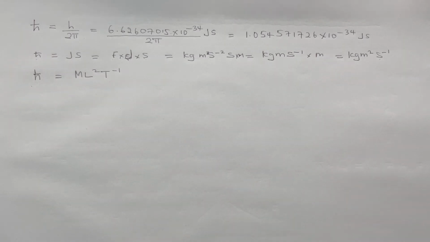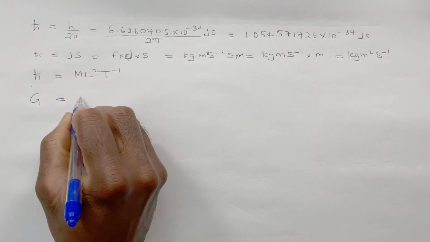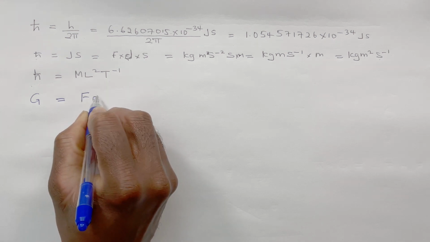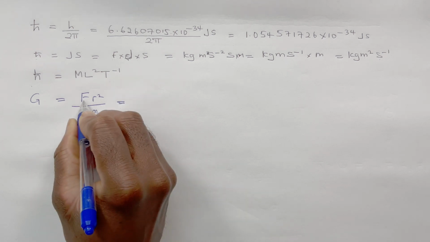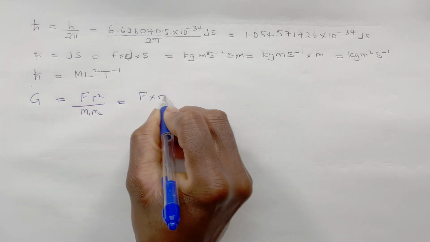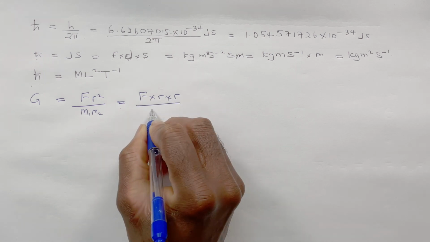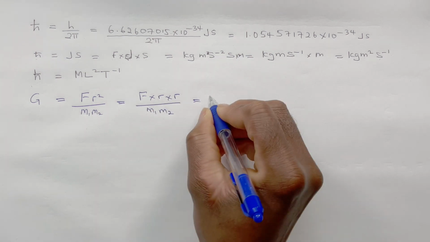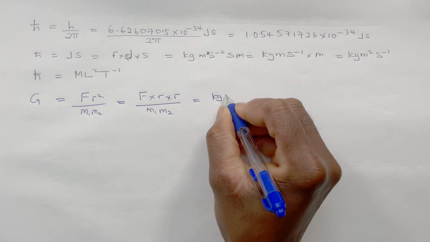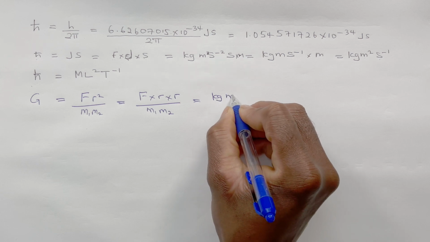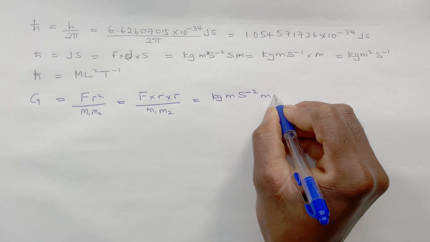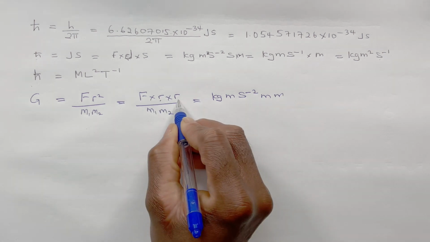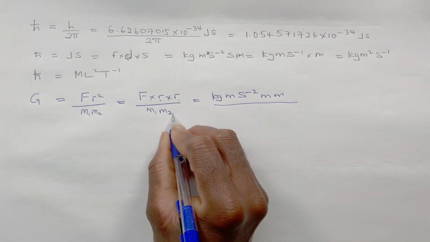For big G, we get that by rearranging the force, which gives force times r squared over m1 m2, and that will be force times r over m1 m2. And force again is kilogram mass times acceleration, meters per second squared, then times meters, then times meters again, over kilogram squared.